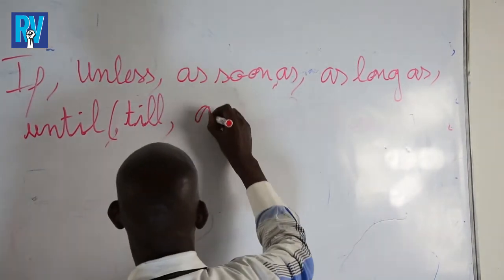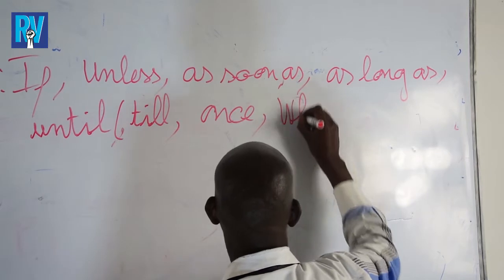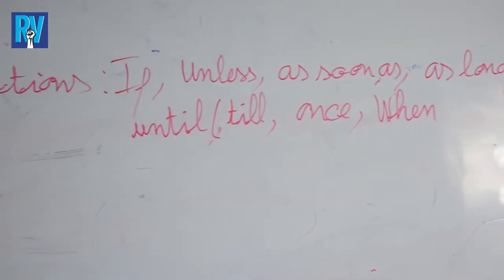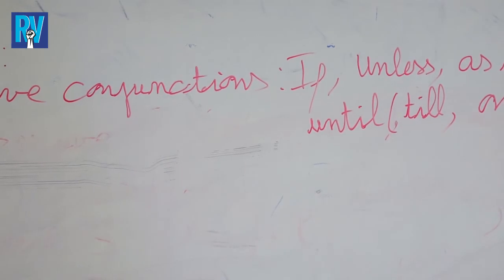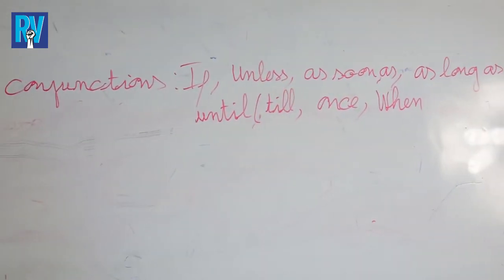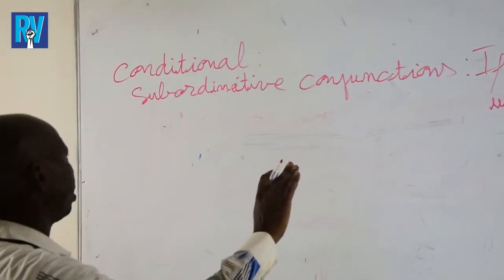We have once, une fois. We have when. So here are the subordinative conjunctions. If, unless, as long as, until, jusqu'à, once, une fois, when, quand.